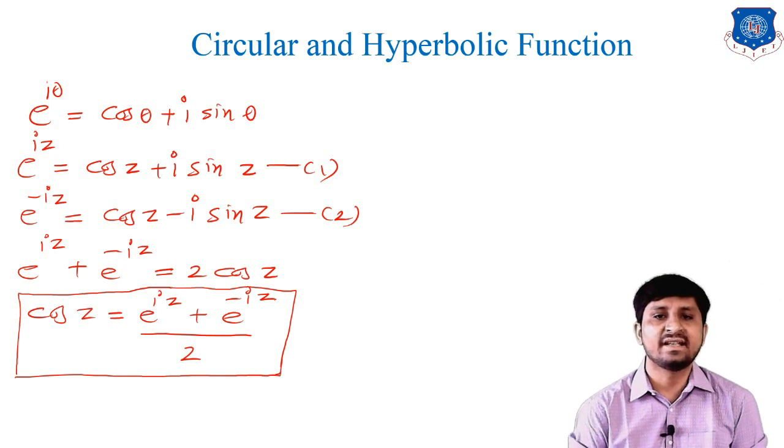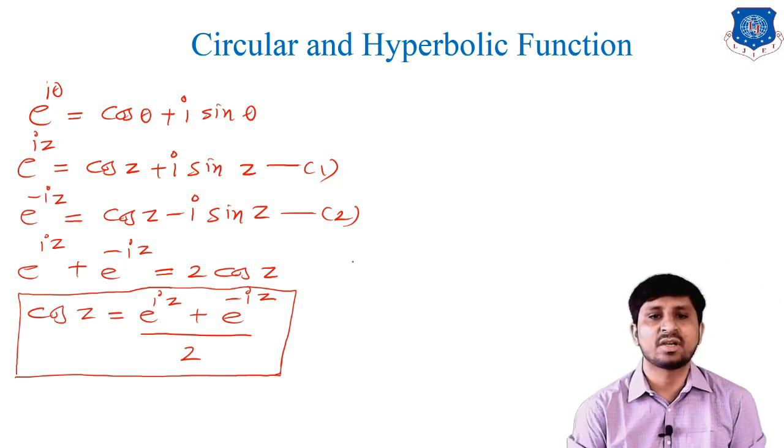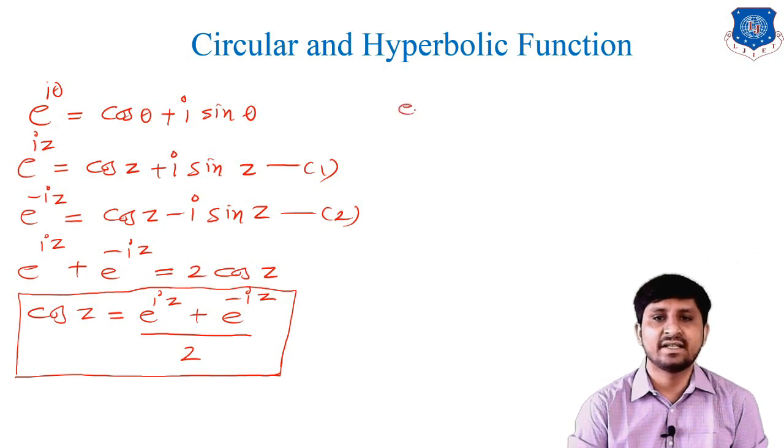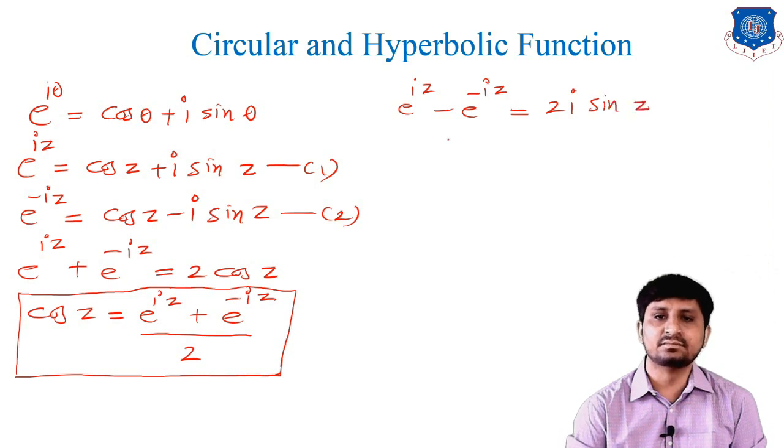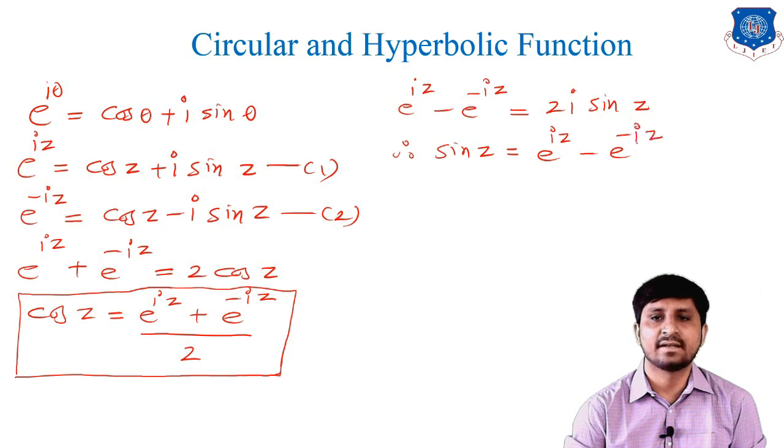Now suppose I subtract equation number 2 from equation number 1. On the left hand side we get e raised to iz minus e raised to minus iz, and on the right hand side we get 2I sin z. So that means sin z can be written as e raised to iz minus e raised to minus iz divided by 2I.